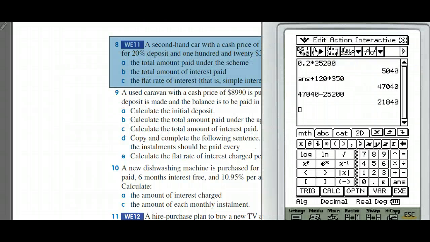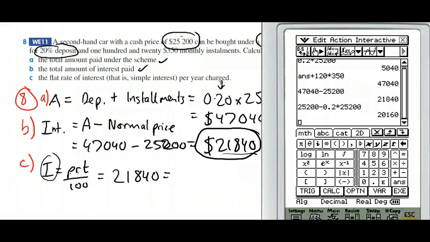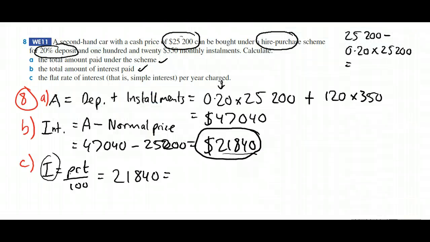So the cash amount minus the deposit is $20,160. Okay, so that was the principal. That's the amount that had to be paid off after the deposit.